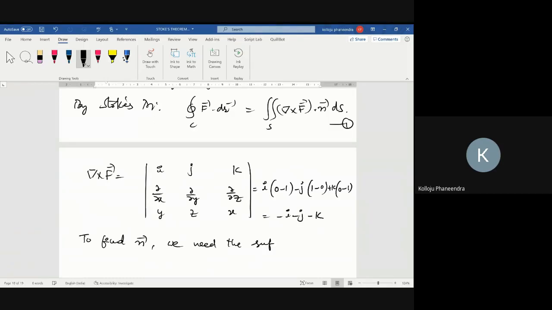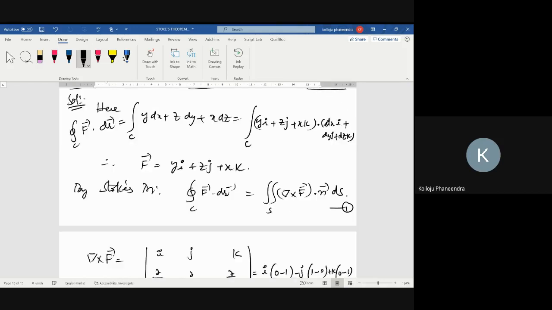We need the surface. Okay, and what is given?